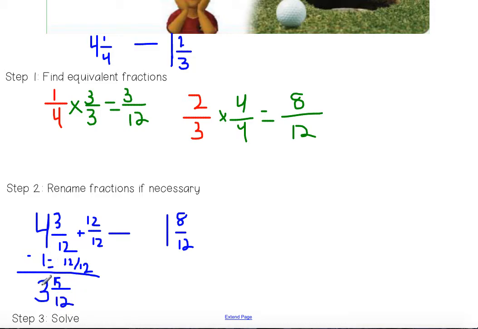And now I have 3 and 15/12. Yes, this is an improper fraction, but that's okay because we need to have a bigger number in order to subtract. So I'm going to write the rest of my problem here. And now I have 3 and 15/12 minus 1 and 8/12. And now I can solve like normal.